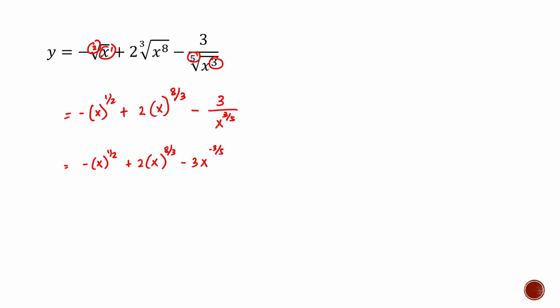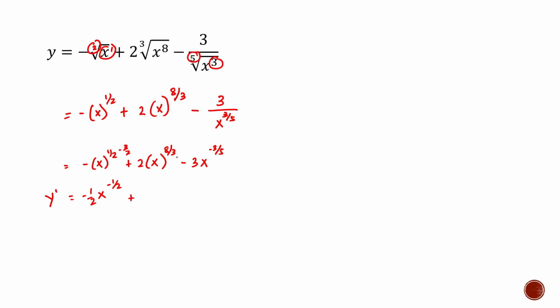Okay, so the next thing that we will do here is find the derivative of the given function. So y prime is 1/2 times x raised to 1/2 minus 1, or minus 2 over 2. 2 over 2 is 1, right? So that would be 1/2 x raised to negative 1/2.